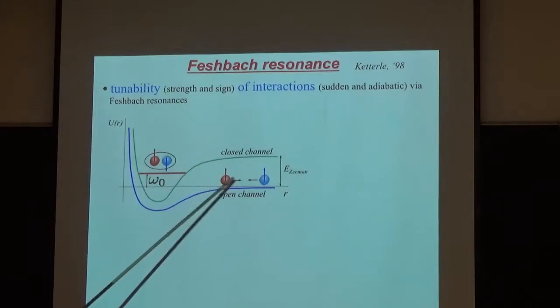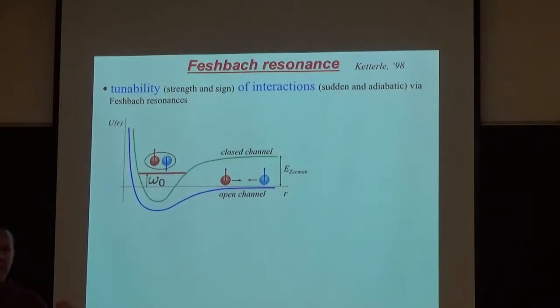When they're in your trap, they're in particular m sub f states. But when they scatter, there are nearby other channels or states that the atoms can scatter into.